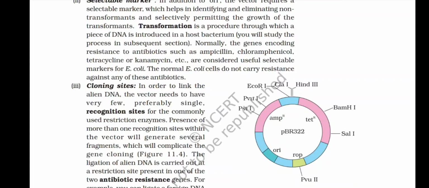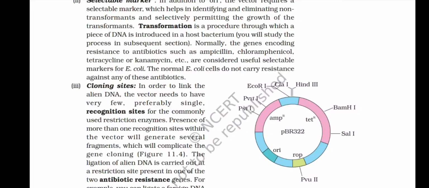Normally, the genes encoding resistance to antibiotics such as ampicillin, chloramphenicol, tetracycline, or kanamycin, etc., are considered useful selectable markers for E. coli.